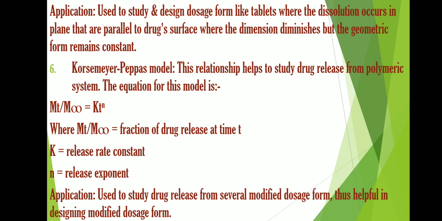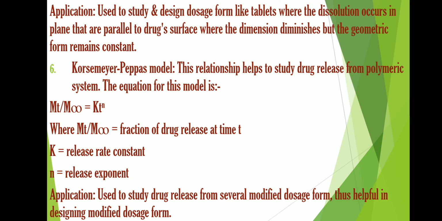Mt is the amount of drug released at particular time t, and M infinity is the total releasing amount of the drug, which is fixed for infinite time. So Mt by M infinity will give the fractional value of drug release at a particular time, and k is the release rate constant, the constant value with which the drug is being released.